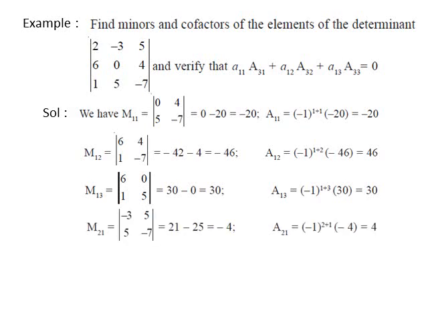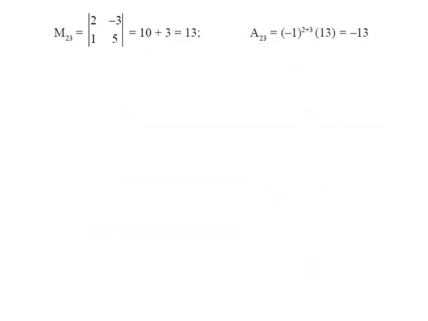Then minor M21 equals minus 4 and cofactor a21 equals 4. Next, minor M22 equals minus 19 and cofactor a22 equals minus 19. Next is minor M23 equals 13 and cofactor a23 equals minus 13.